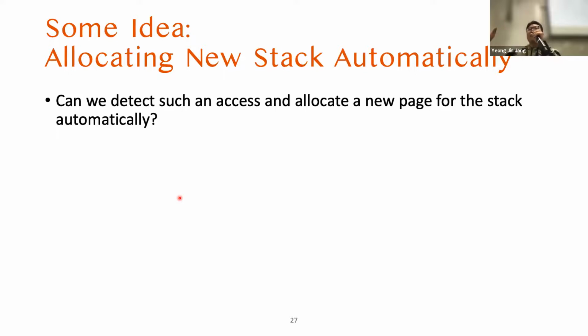One way is that if the application wants to use more memory than 4 kilobytes, it can invoke a system call to allocate new memory. But can we do that automatically? Whenever the stack overflows, the operating system catches that and gives more stack memory to the application.